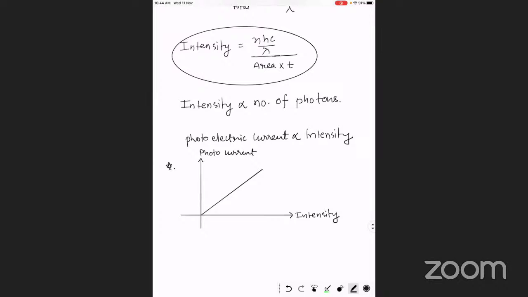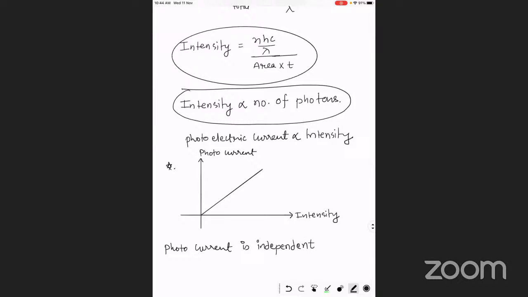Now, intensity mainly depends on what? Number of photons. The photocurrent, I know this is written already in your copy, but write it once again. The photocurrent is independent of frequency.